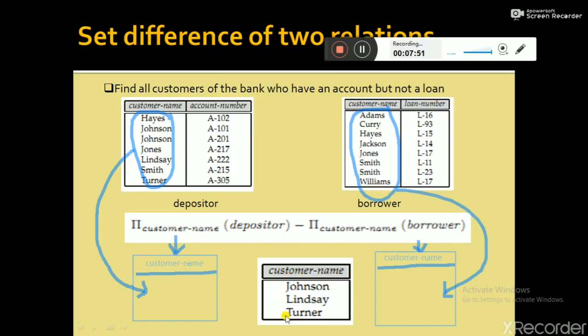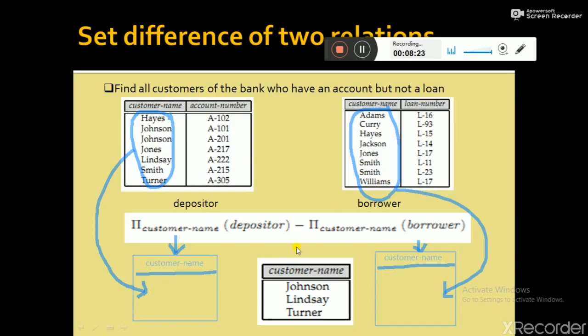And what about the data of that relation? It will retain only those records of customer name which are present in this relation but not present in that relation. Let's check the tuples. This relation contains all the customer names present over here, and that one contains all the customer names present over there.